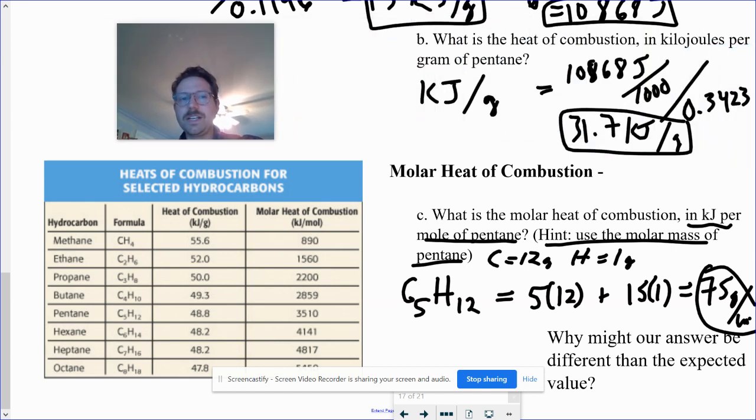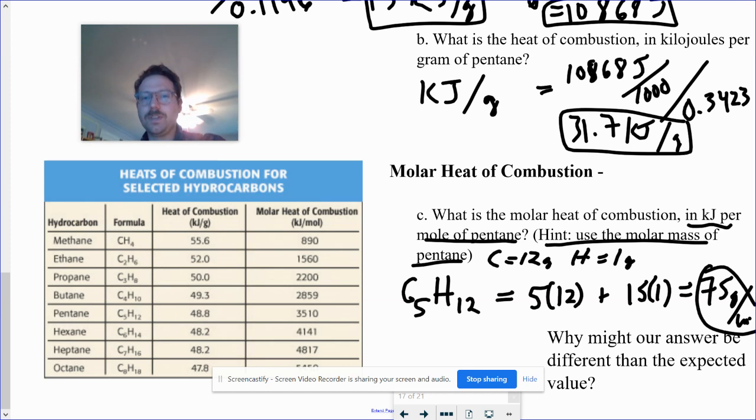Why do I do that? Let's take a look. Well, if I have 31.7 kilojoules per gram, right, and a mole of pentane is 75 grams, then the molar heat of combustion would be the amount of energy given off for that many grams in a mole, 75.